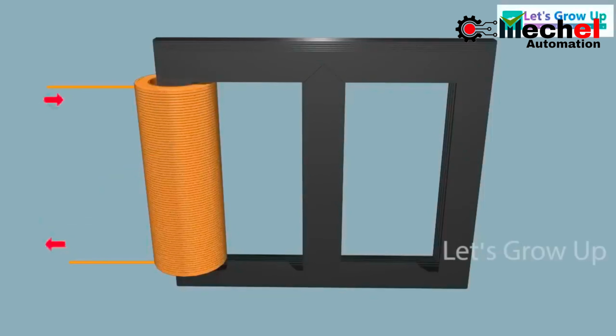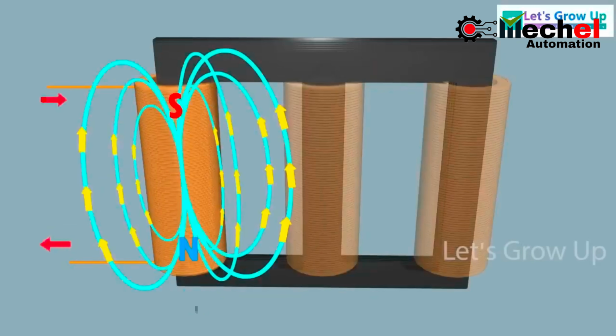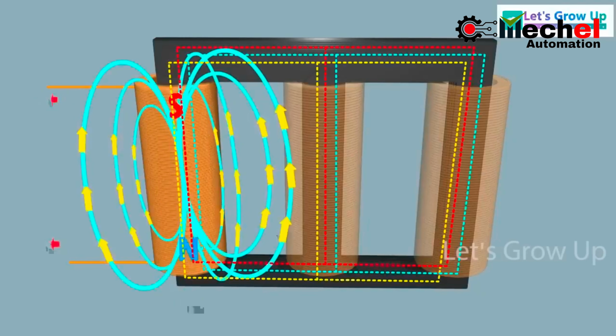The winding is also known as a coil. When it is supplied by an alternating electrical source, the alternating current through the winding produces a continually changing and alternating flux surrounding it. If another winding is brought close to the first winding, some portion of this alternating flux will link with the second winding.